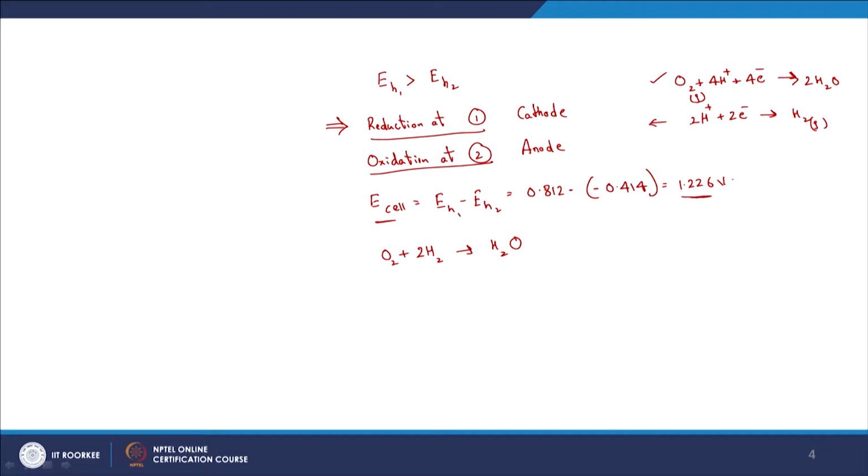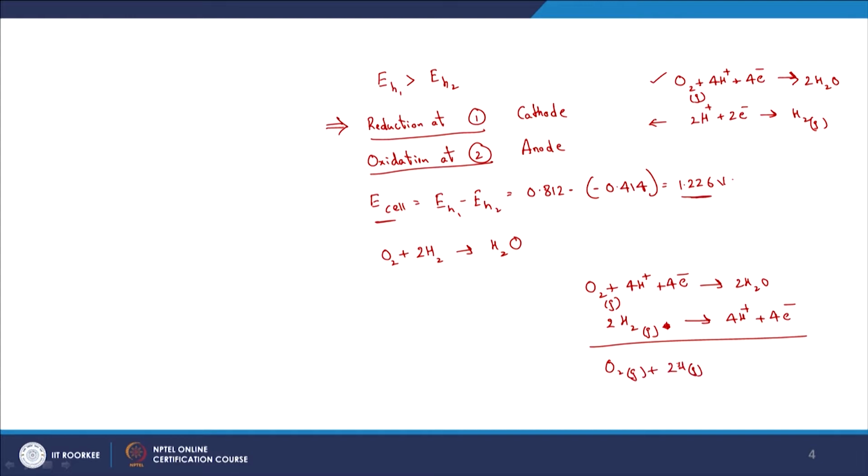If you look at the overall reaction, what is it going to be equal to? O2 plus 4H+ plus 4 electrons goes to 2H2O, and I am going to swap this and multiply it by 2. So 2H2, gas, will go to 4H+ plus 4 electrons, and that's going to be equal to O2 gas plus 2H2 gas going to 2H2O.